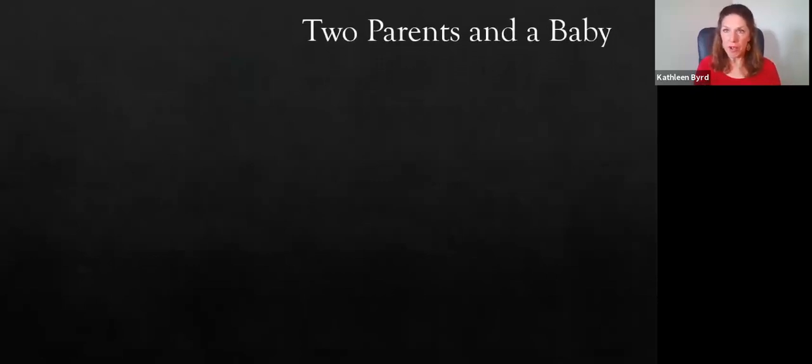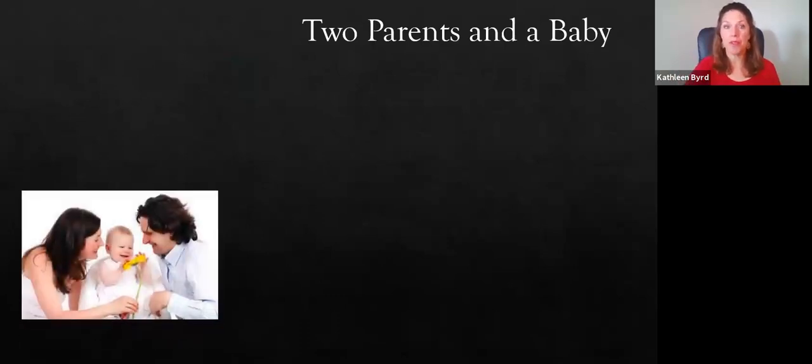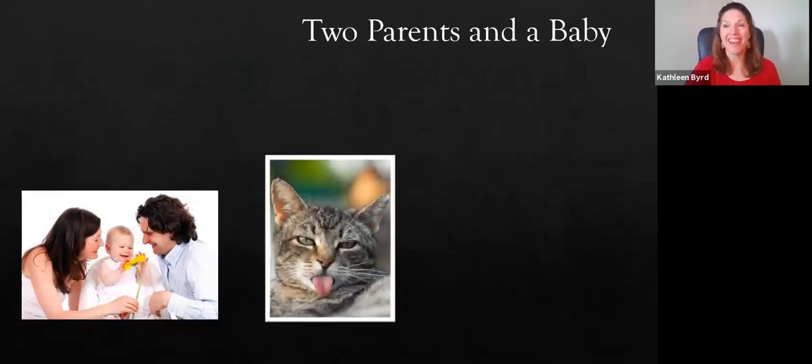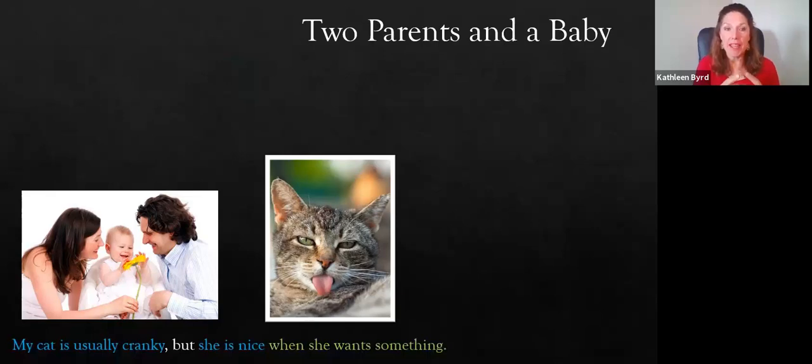So what if you have two parents and a baby? And a cat. I just decided it might be fun to have a sentence about a cat. So my cat is usually cranky, and she is nice. These are both independent clauses. Do you remember what we said about how we connect two parents, two adults?